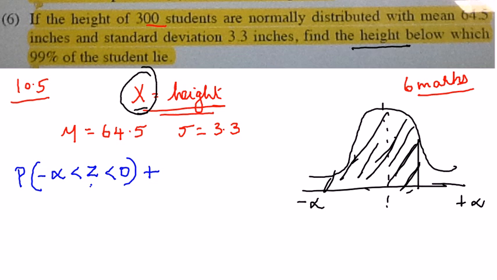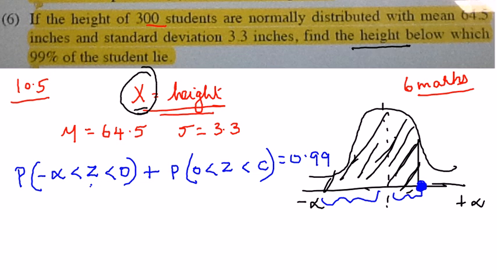And I don't know what value this is, so I'm going to assume some c. 0 less than z less than c. So I'm adding this plus this. This gives me 0.99. 99% of the students are lying below this height. So I have to find out what this height is, right?